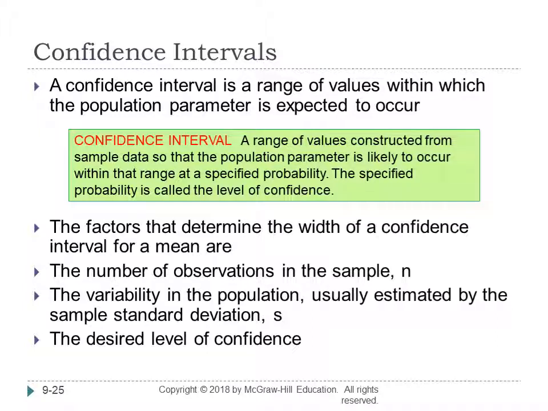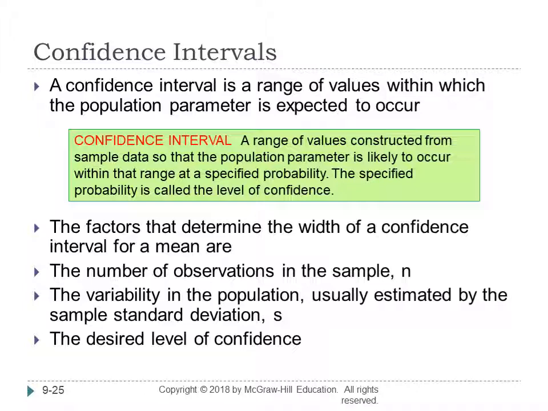We will see different levels of confidence. For example, with a 90% confidence level for a confidence interval, you say the probability that the parameter will fall within the confidence interval is 90%.